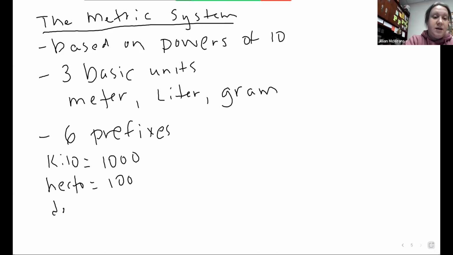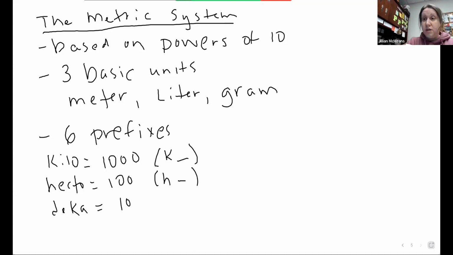And we have deca, which means 10. I will tell you the abbreviation for kilo is K, and then you would put M for meter, L for liter, or G for gram after. For hecto, it's H, and then again, follow that with an M, an L, or a G, depending on what basic unit. For deca, be careful. Deca, the abbreviation is DA, and then followed with an M, an L, or a G.